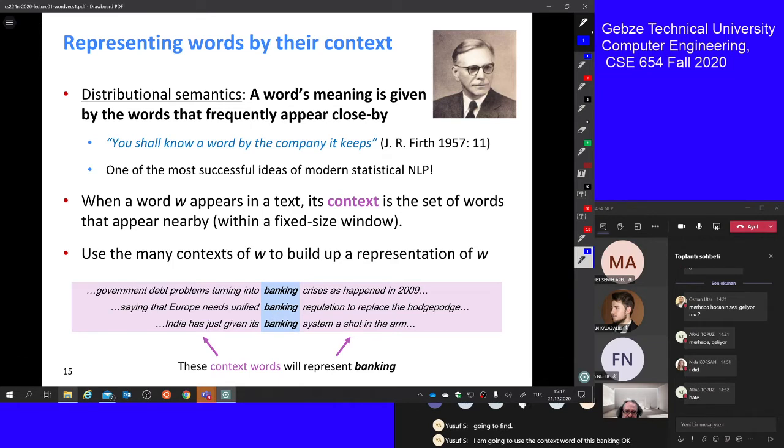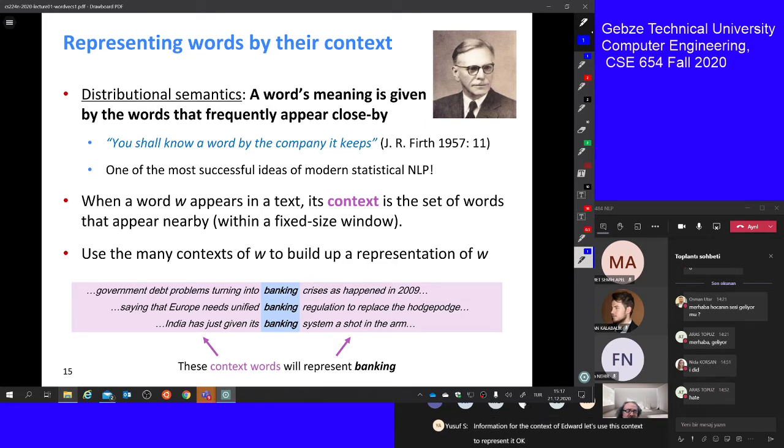It looks like whenever there is banking, all kinds of words like system, Europe, unification, government, crisis, etc. are happening. So the accompanying words are very good information for the context of a word. Let's use this context to represent it.